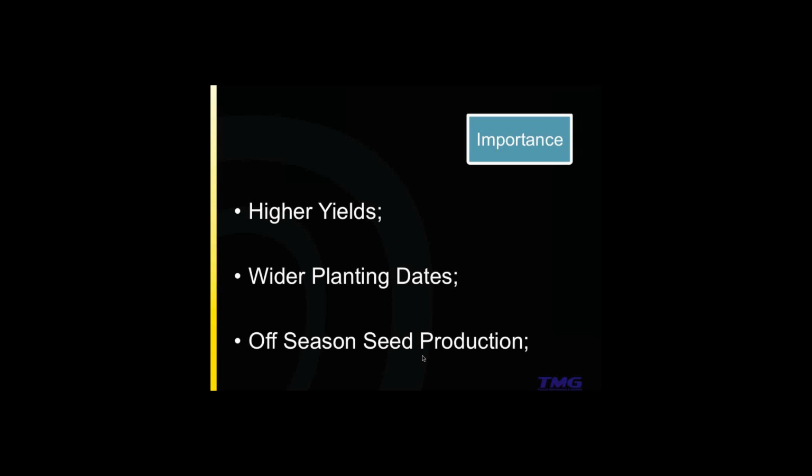And also, one thing that I believe is very important here in Brazil and may be important to Africa, is that the long juvenile trait allows us to grow soybean for seed production planted in late December, beginning of January.